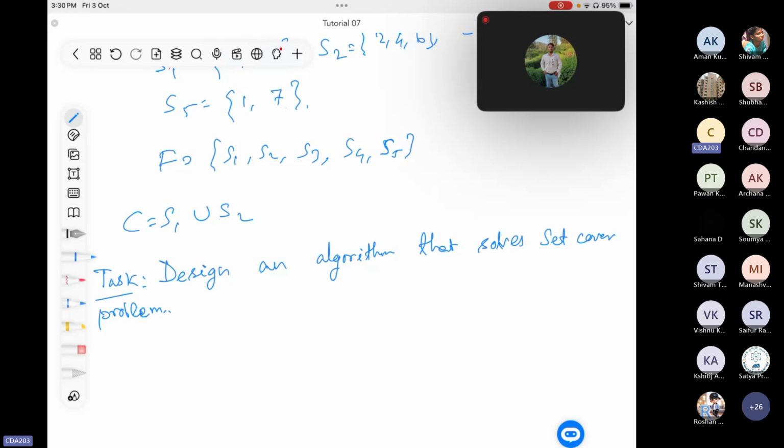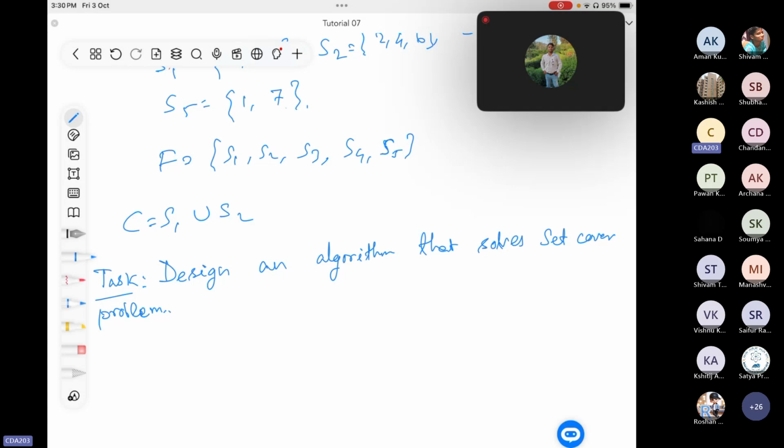You may or may not know about that conjecture, P not equal to NP. If you can design an algorithm for this problem, then you can answer that question and say that P equals NP. But why am I saying that?